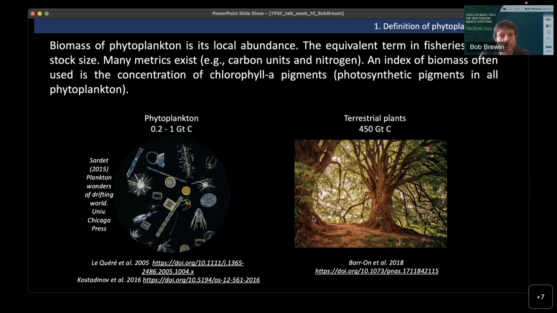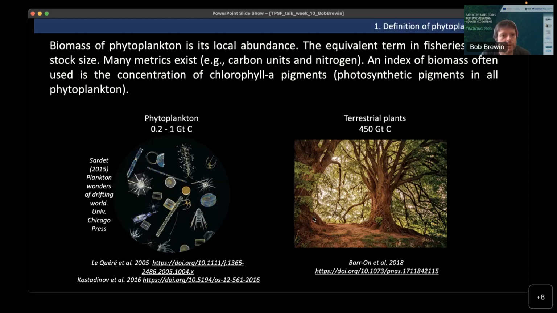And if we do that, we can see that the biomass of phytoplankton in a snapshot of time in the ocean is minuscule almost compared to the amount of biomass of plants on land, terrestrial plants here.